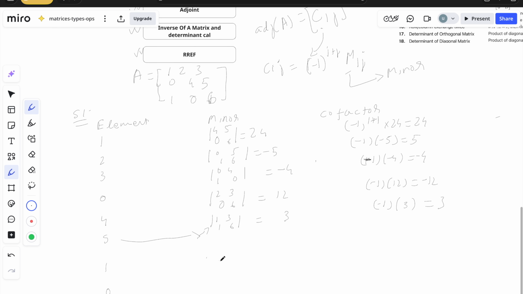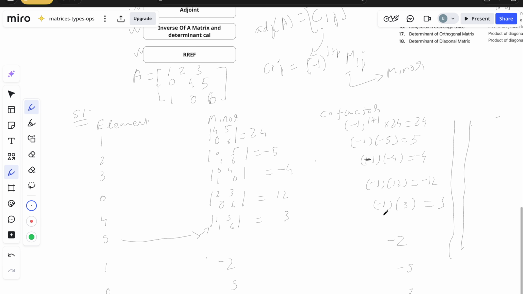So for the rest of the elements, I will just write down what they are. For 1, 0, 6, it is minus 2. This is for 5, this will be 5, this will be 4, and here again it will simplify. This will be minus 2, this will be just minus 5, and this will be 4, right? So you have all the cofactors here for each of the elements.